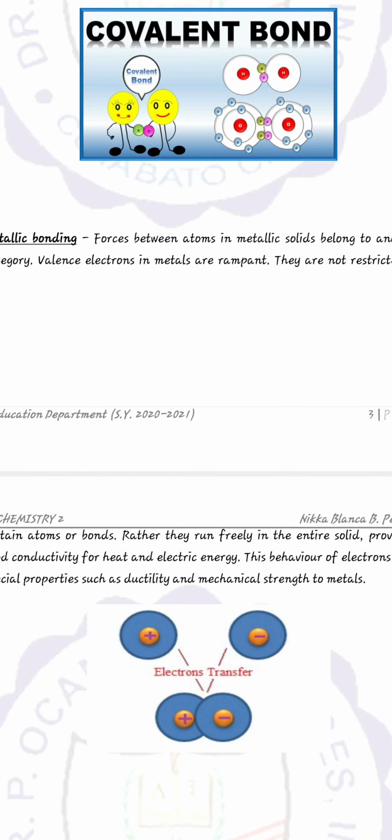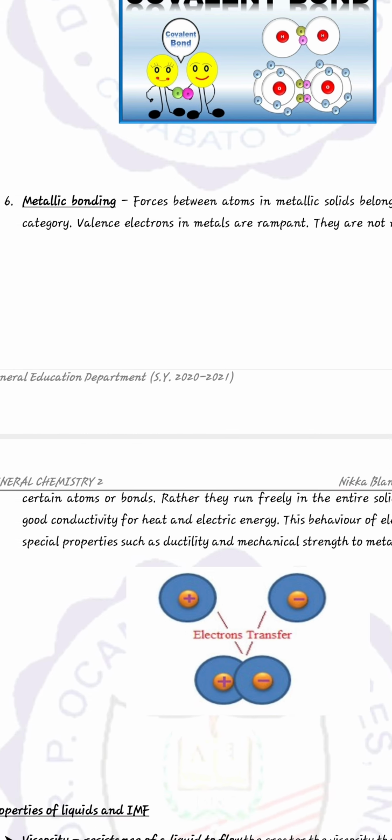So it is very easy to identify what is metallic bonding. Why? Because when we say metallic bonding, it involves metal elements, meaning those elements that are in the metal part. All of the elements that use certain forces like metallic bonding give a special property. Sorry for the pronunciation. That special property is called ductility and mechanical strength.